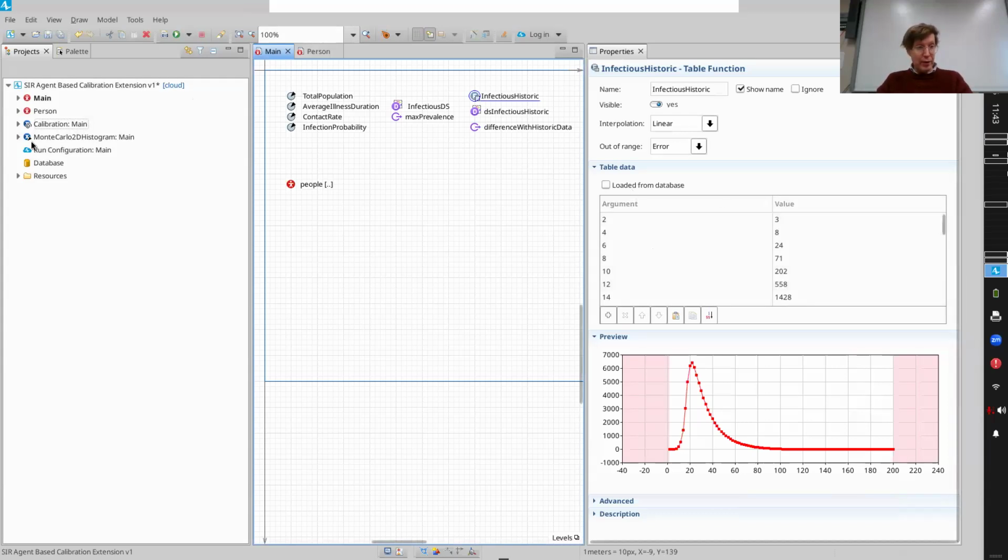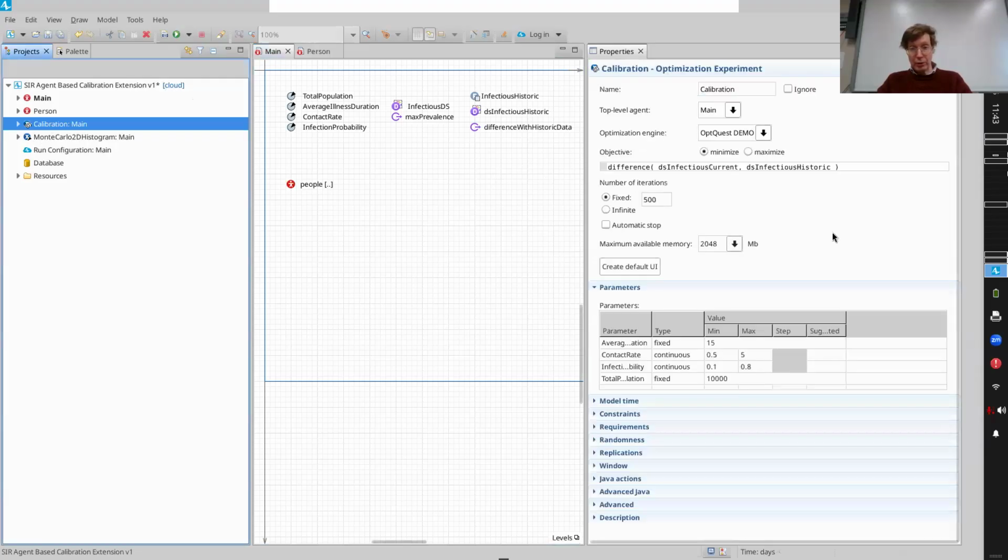That's going to be specified here in the calibration experiment, in this objective function. It's calling off to a difference function.